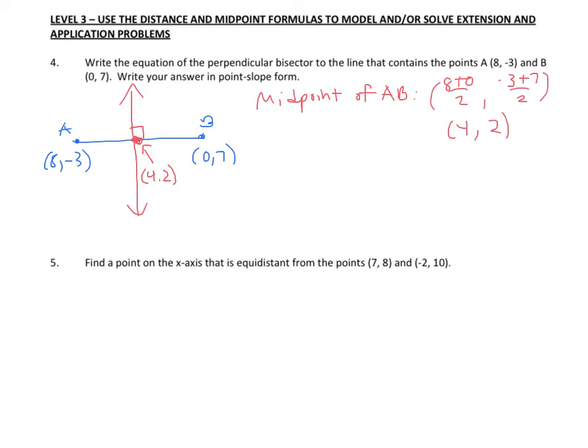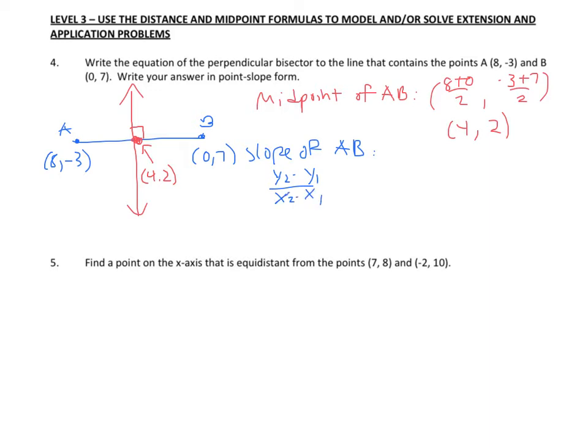Now, to write the equation of this perpendicular line, we need its slope. So first we need to find the slope of AB. Remember, the slope formula is y2 minus y1 over x2 minus x1.